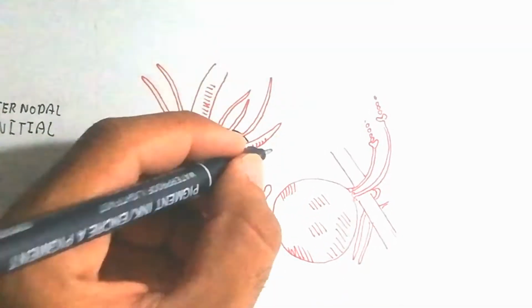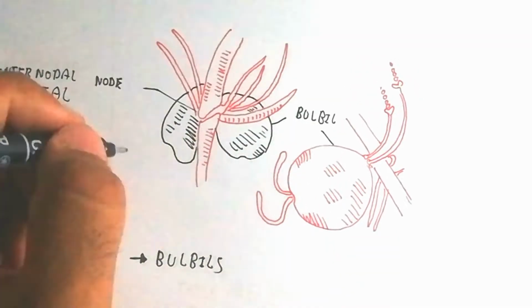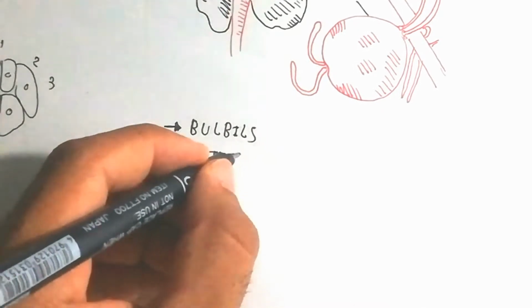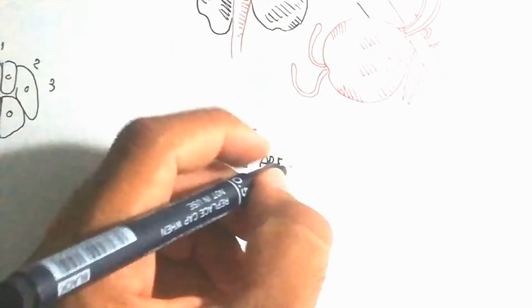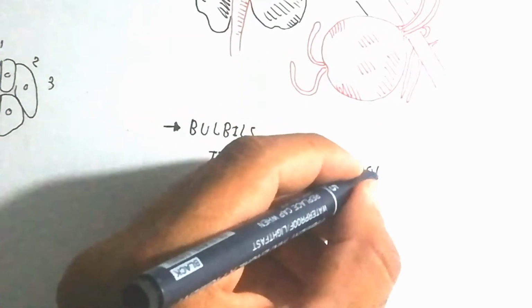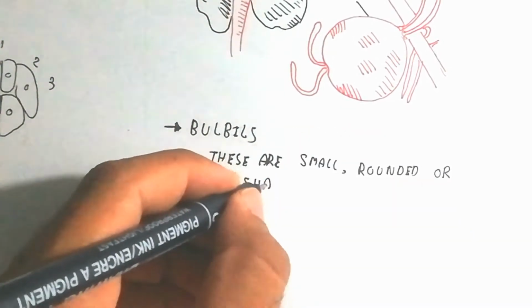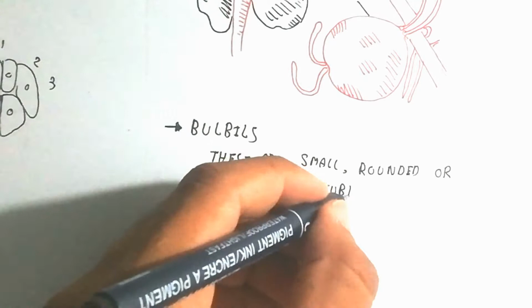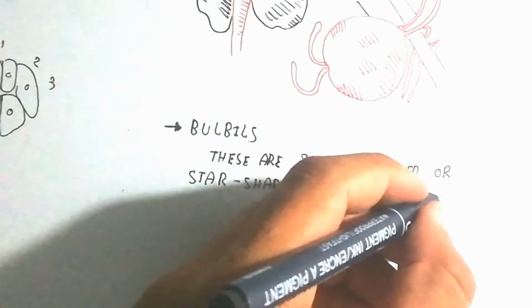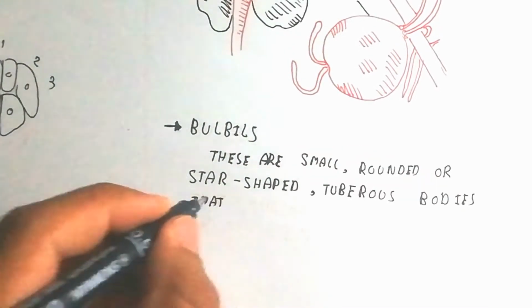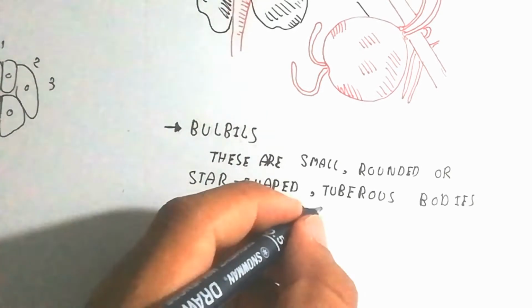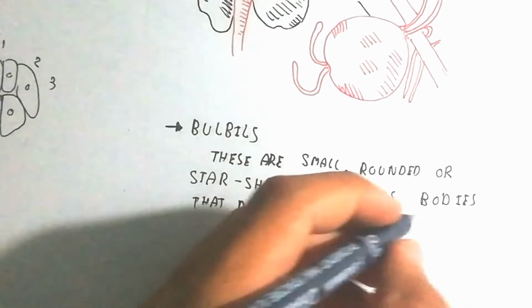Here are the bulbils. Bulbils are small rounded or star shaped tuberous bodies that develop either on rhizoids or on stem nodes.